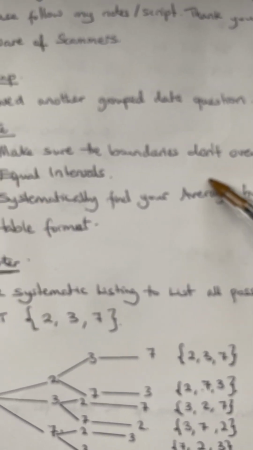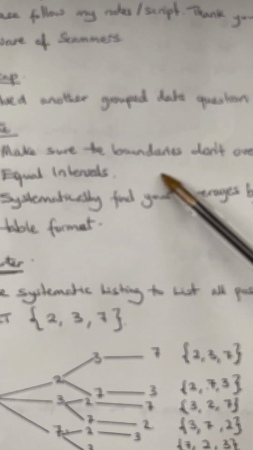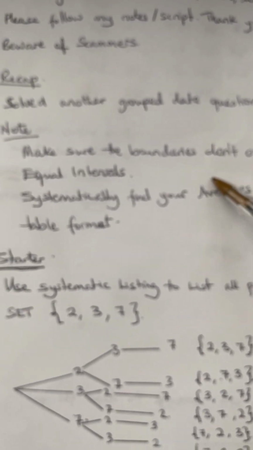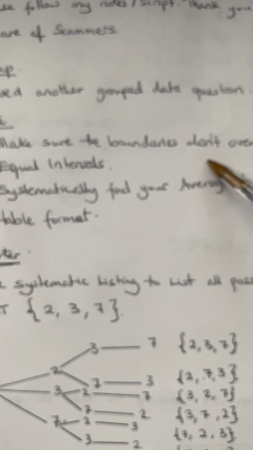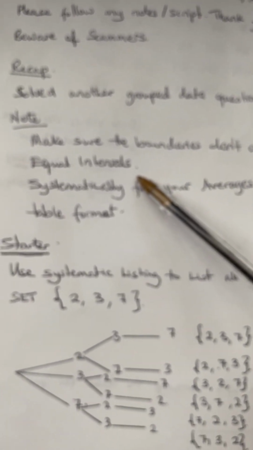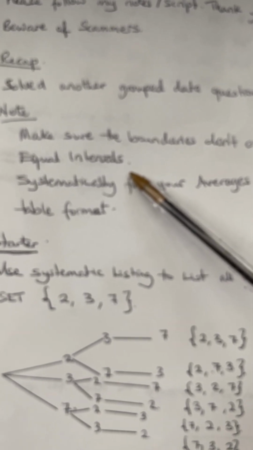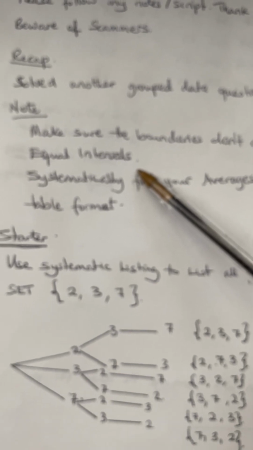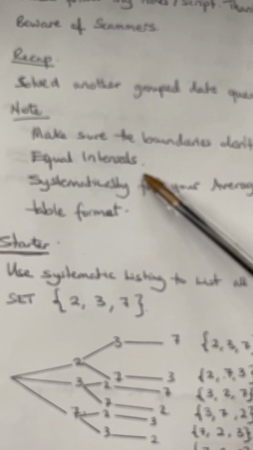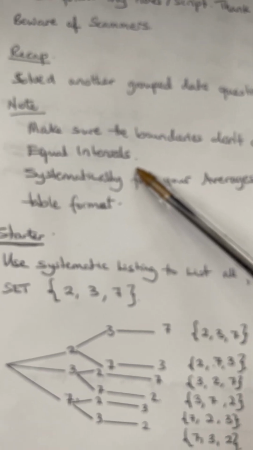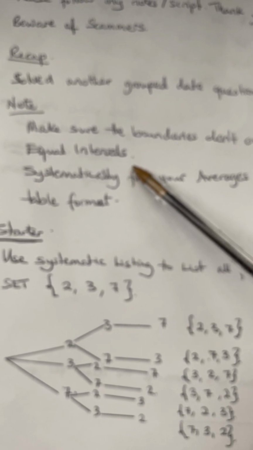Don't have 1 and 2, 2 and 3. You won't get the answer. And have equal intervals. So if you have 1 and 2, then it should be 3 and 4, not 4 to 6 and 6 to 10. Try and do equal intervals.